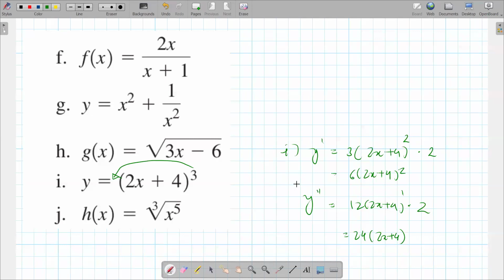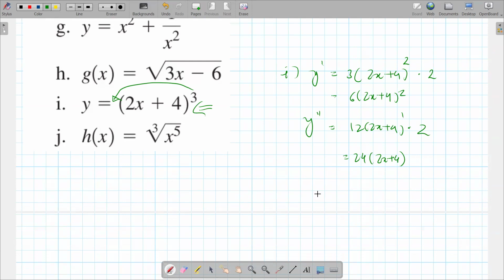So double derivatives, doesn't matter. We can even go triple, quadruple. Polynomials will eventually stop. By eventually stop, I mean that all the derivatives are going to be 0. Let me open this. I'll show you. This is 48x plus 96, so this is still y double prime. We know this is a cubic polynomial. Y triple prime would just be 48. Y quadruple prime would be 0.